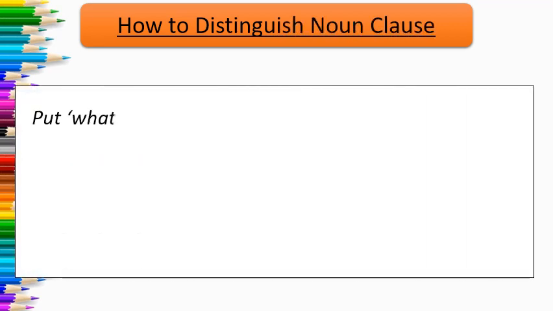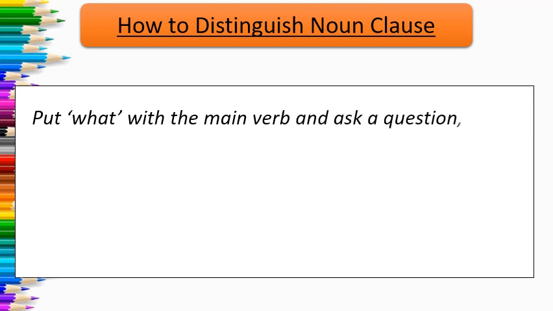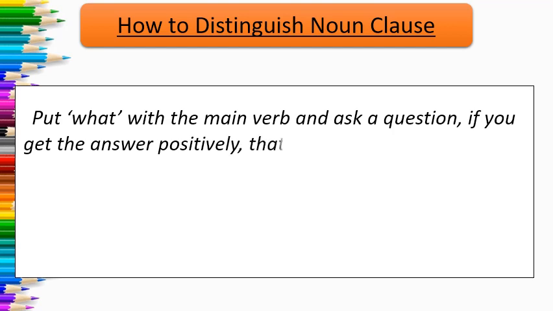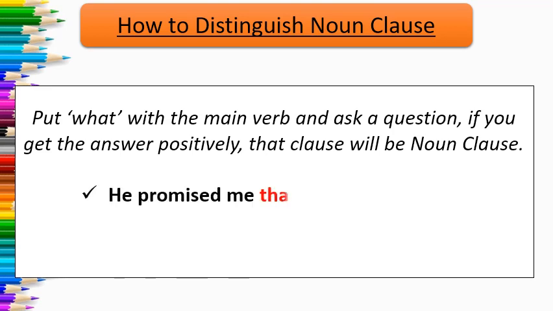A question arises: how to distinguish a noun clause? Put what with the main verb and ask a question. If you get the answer positively, that clause will be a noun clause. To clarify it, let's see an example. He promised me that he would help me.